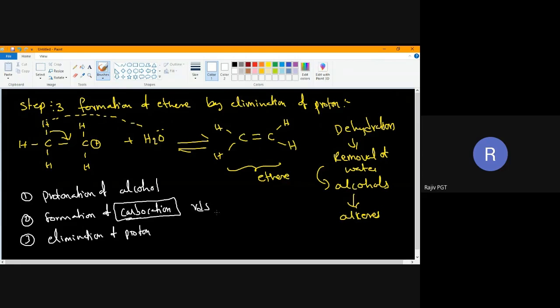From this I can say tertiary alcohol can undergo dehydration easily compared to secondary alcohol, compared to primary.